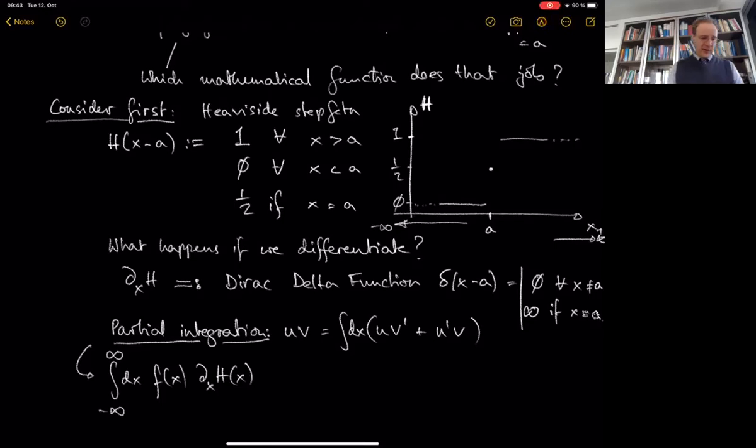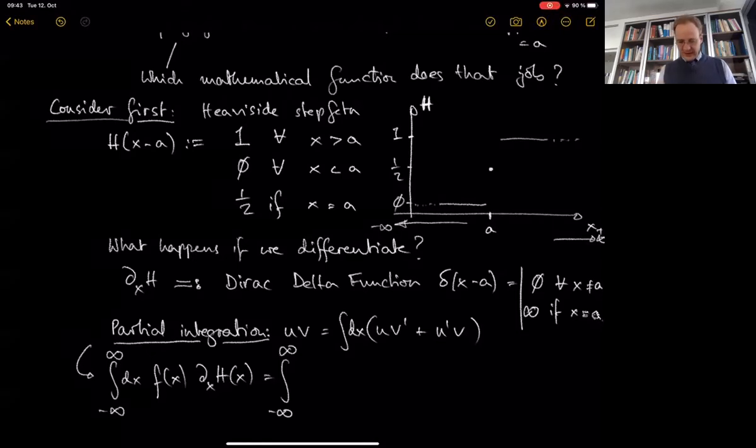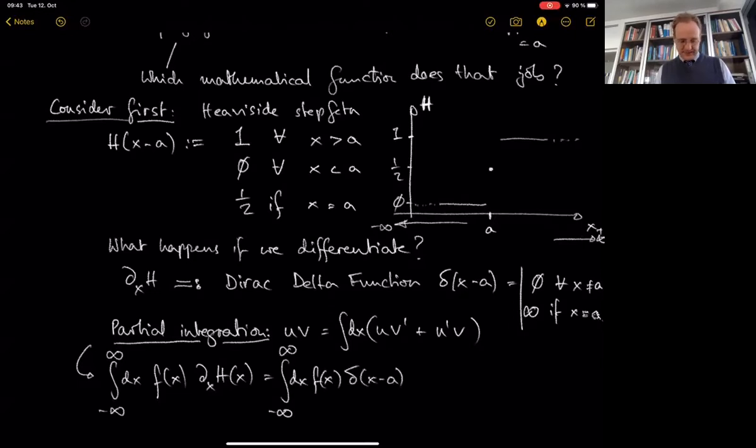And now, thanks to partial integration, we write this f of x delta of x minus a. And this must be the same thanks to partial integration as our definition.